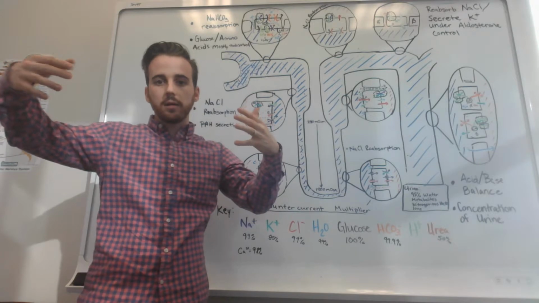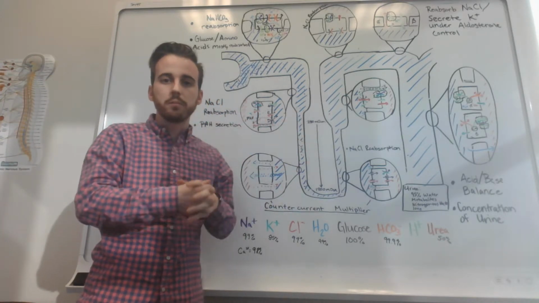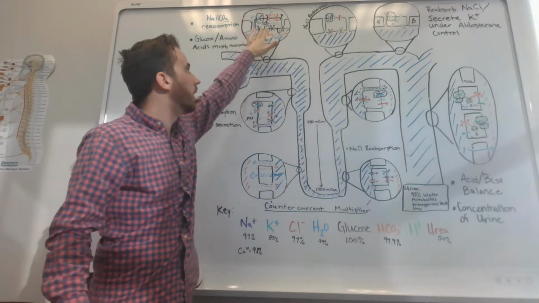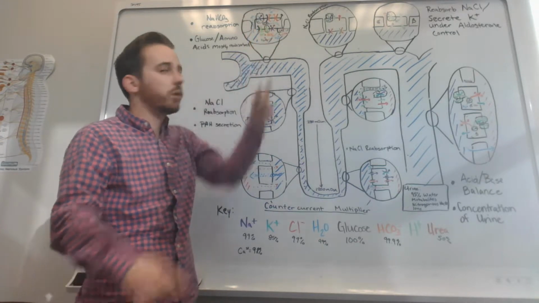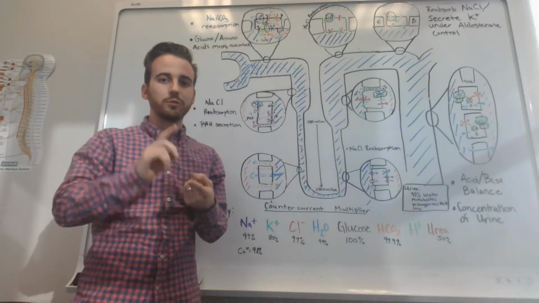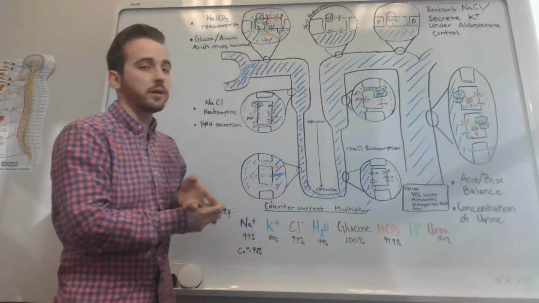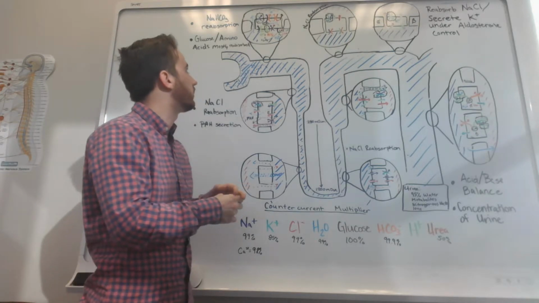Water and carbon dioxide can then diffuse across the membrane and into the cell, where they will again act with another carbonic anhydrase, turning back into bicarbonate and hydrogen ions.